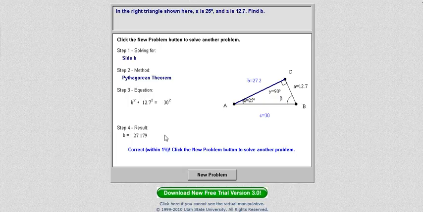Now we can solve for beta using the law of sines.